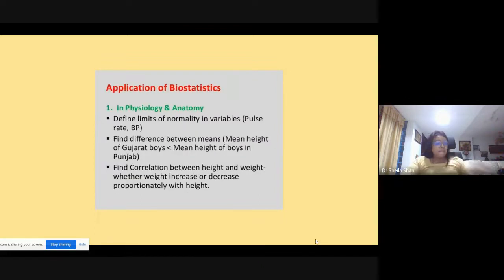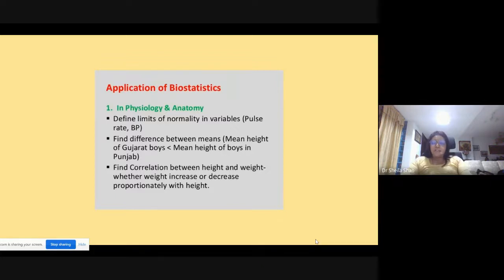Okay, what are the applications of biostatistics? In physiology and anatomy, we define limits of normality in variables like pulse rate, BP. Find the difference between mean height, for example, of Gujarat boys, which is always less than the mean height of boys in Punjab.